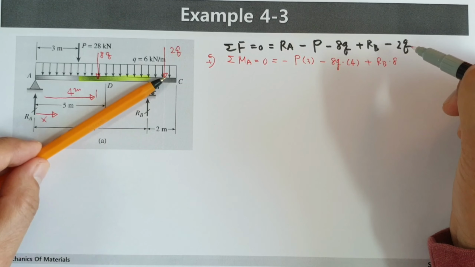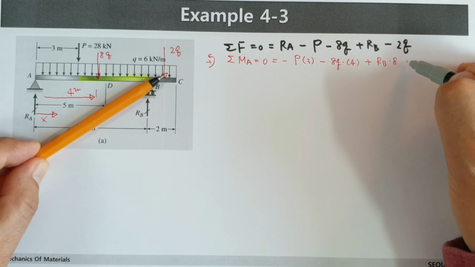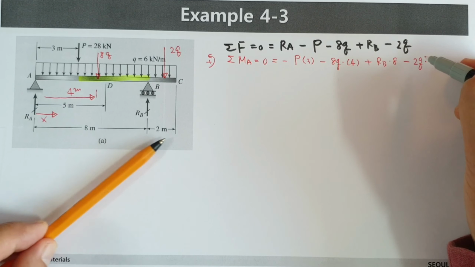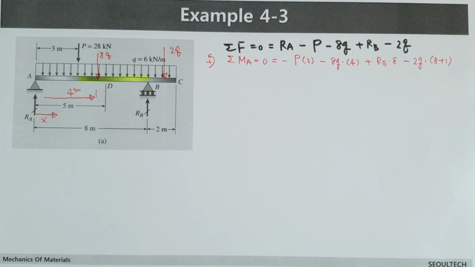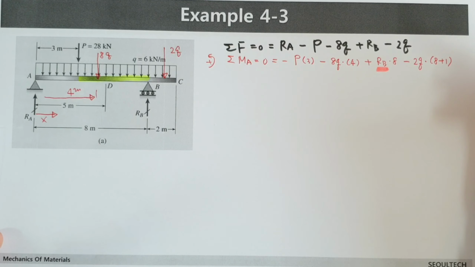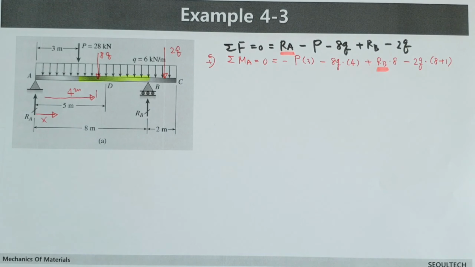And next the equivalent distributed force 2q, direction is minus 2q, length is 8 plus 1. Okay, we can find the RB value, and if we know RB, then you can also calculate the RA value. By applying force and moment equilibrium, we can get RA and RB.